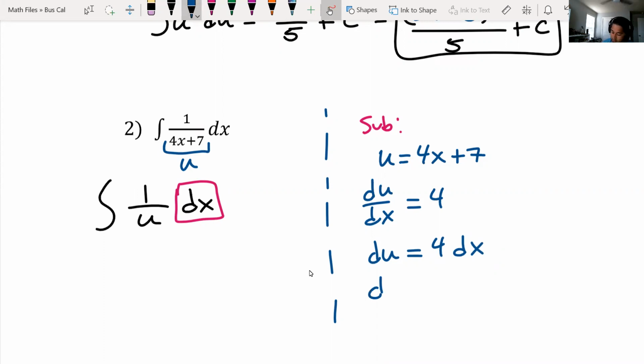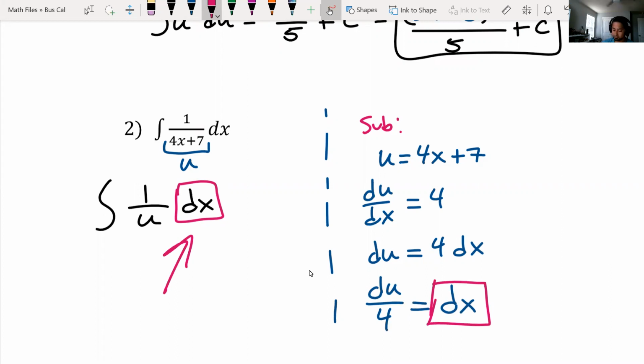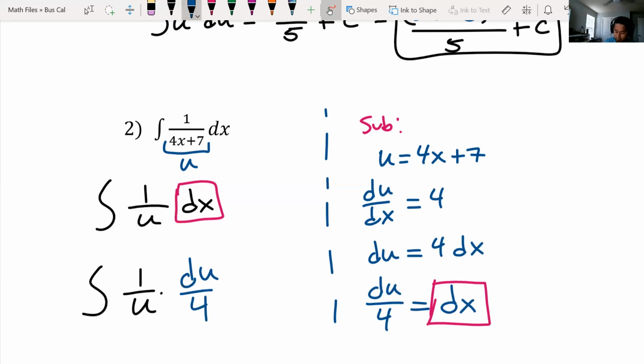You divide by 4, and du over 4 now equals dx. And now does this dx match up with this dx? Yes. Which means that dx now becomes what? du over 4.